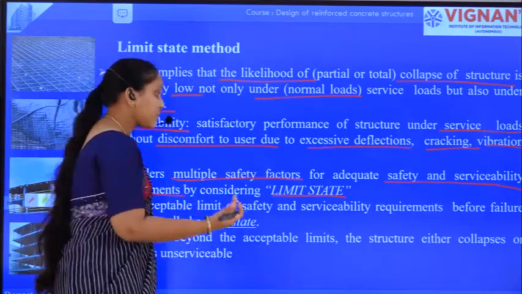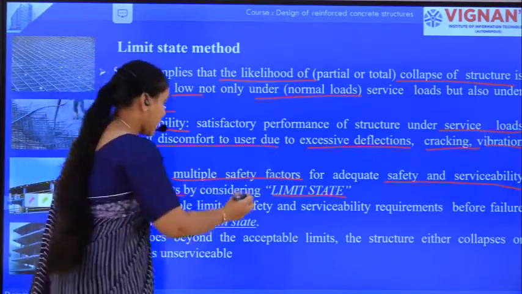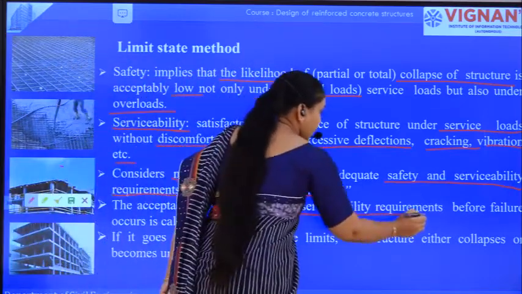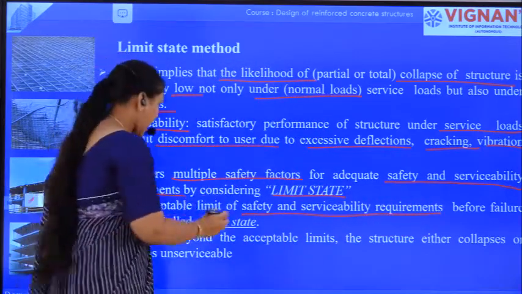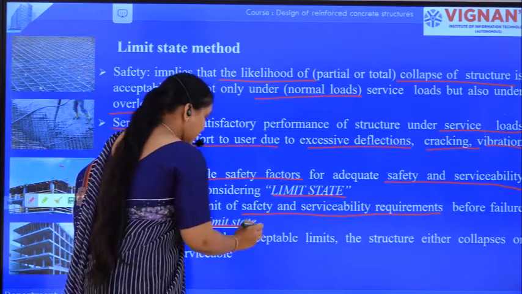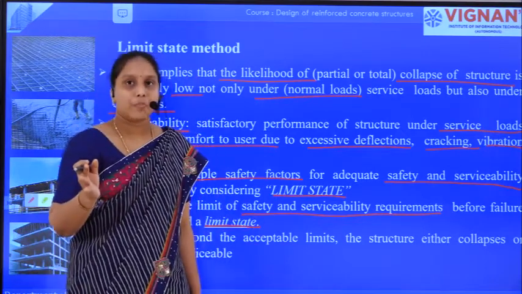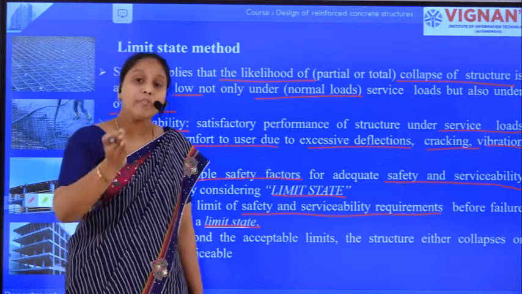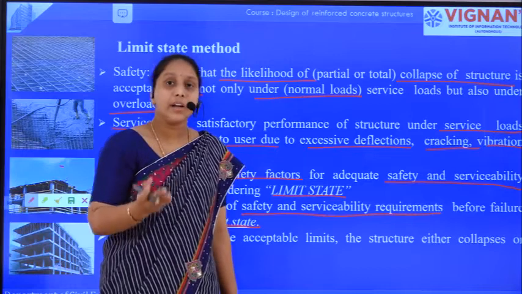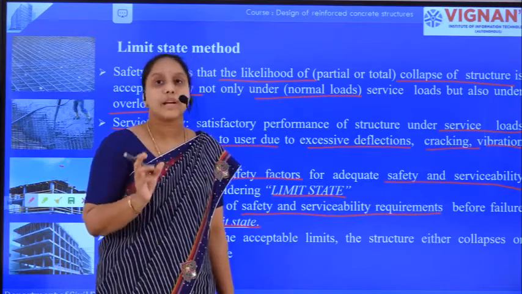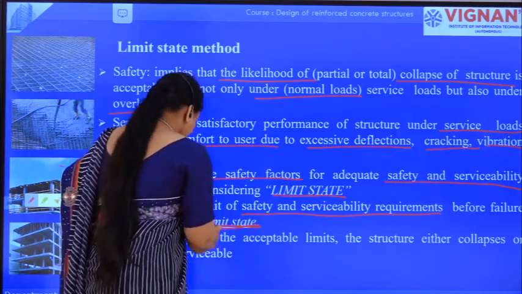The acceptable limit of safety and serviceability requirements before a failure occurs is called a limit state. So before the occurrence of failure, those acceptable limits for safety and serviceability are called the limit state.